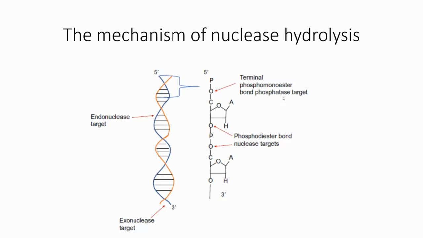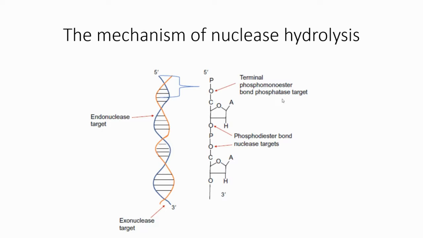And exonuclease can attack the polynucleotide chain from the 5' end and hydrolyze 5' to 3', or attack from the 3' end and hydrolyze 3' to 5'. And the endonuclease attacks the phosphodiester bond from the 5' end or from the 3' end.